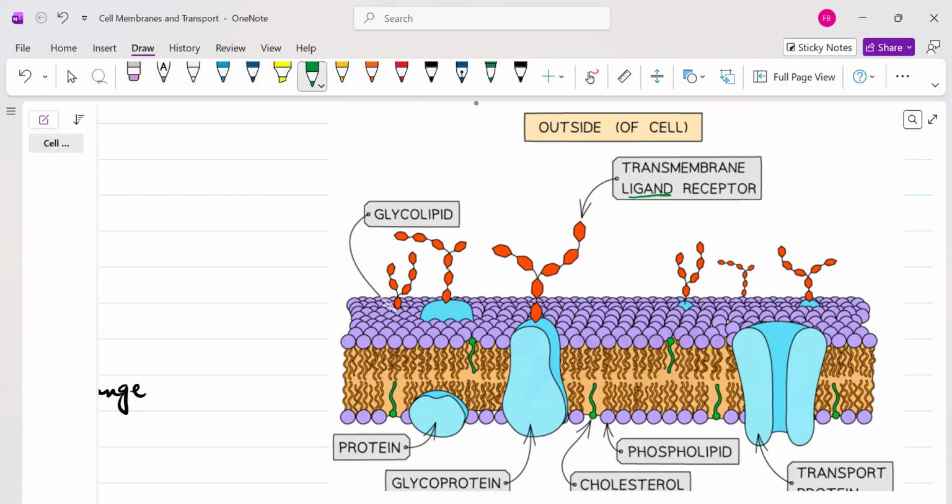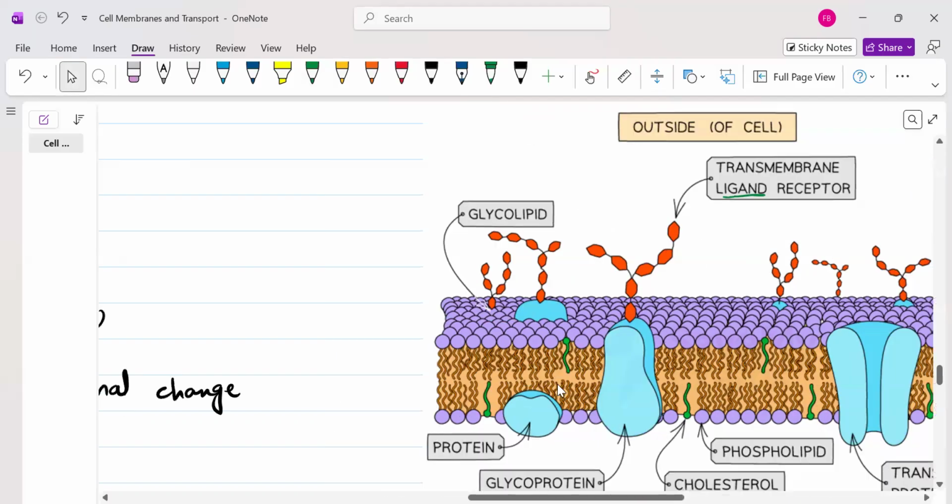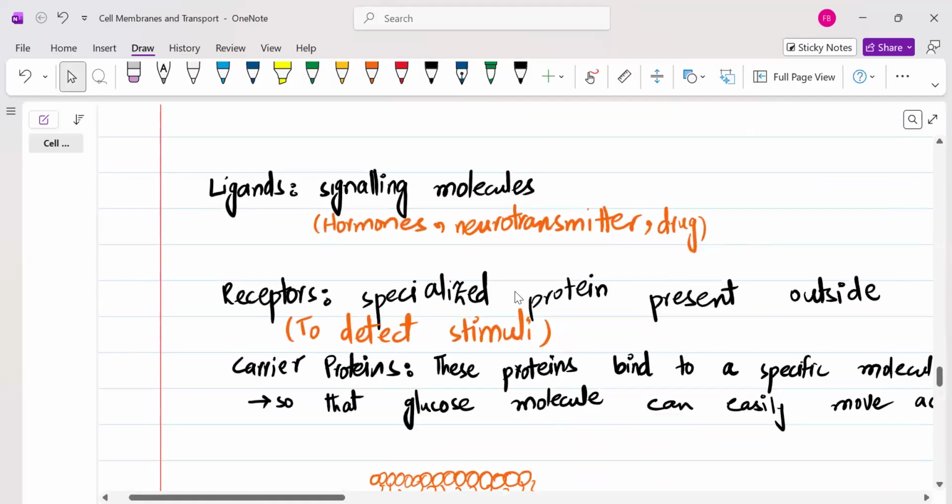And we have discussed ligand. What can be the ligands in our body? And what is a ligand? It's a molecule that sends signals. Yes, it is a signaling molecule, and a ligand can be hormones, neurotransmitters, or any type of drug medicine you are taking.